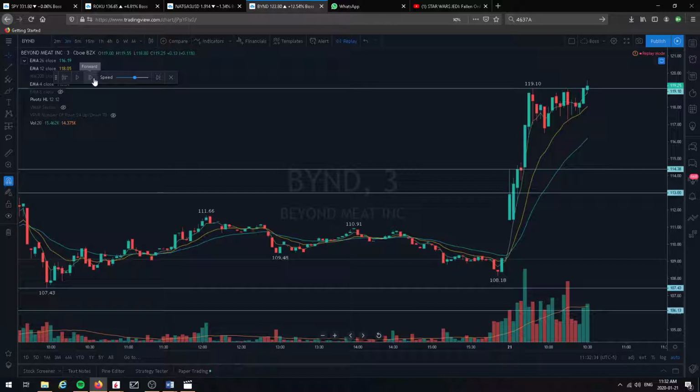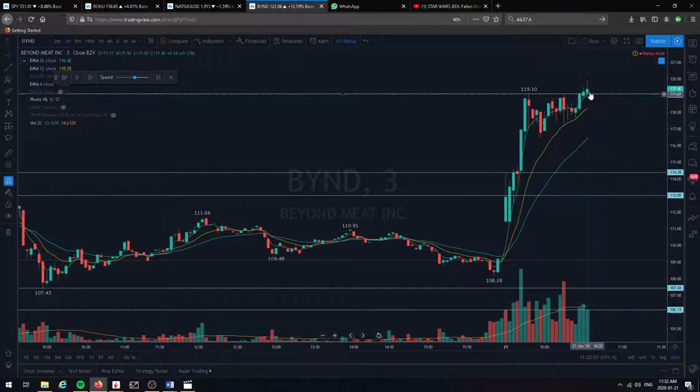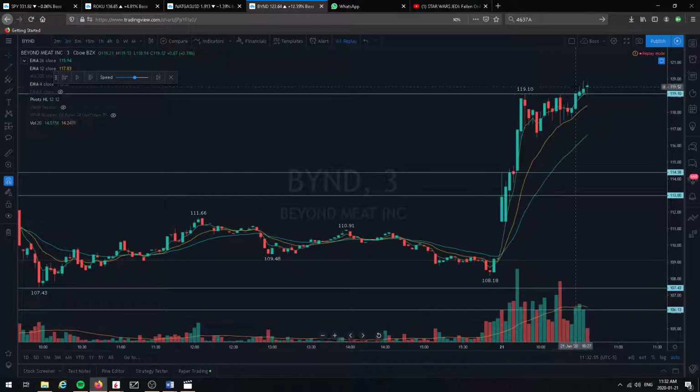We didn't get any parabolic move that occurred at 119. So we're watching for that, okay? You know, when you're watching a market and you see that parabolic move happen, it means that the stop orders got triggered. So we're waiting for that to happen, and it happened not here, not above 119, but it happened at 120.